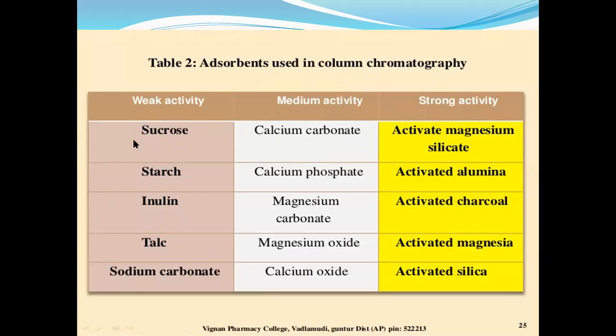Weak activity means they are neutral or slightly basic in nature: sucrose, starch, inulin, talcum powder, or sodium carbonate. Weak activity means they show less affinity towards polar solvents. Medium activity includes calcium carbonate and calcium phosphate. And strong activity means activated magnesium silicate.